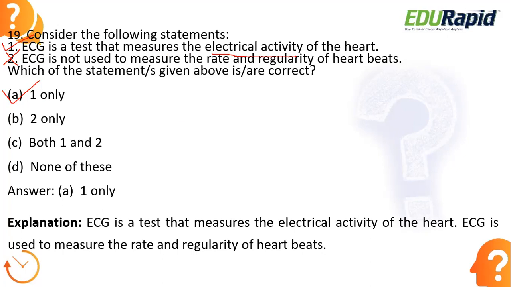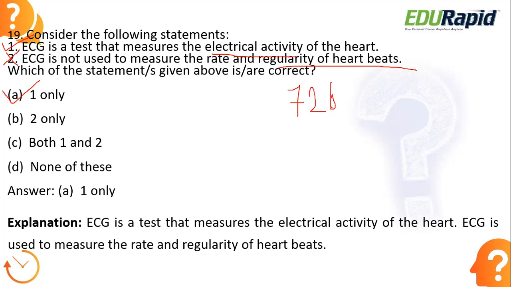The rhythmic contraction as well as relaxation of the heart is measured with the help of the ECG, electrocardiography. ECG also measures the rate and regularity of our heartbeats. A normal healthy person's heart beats approximately 72 beats per minute.